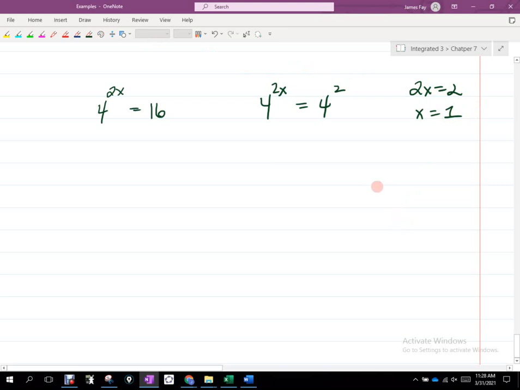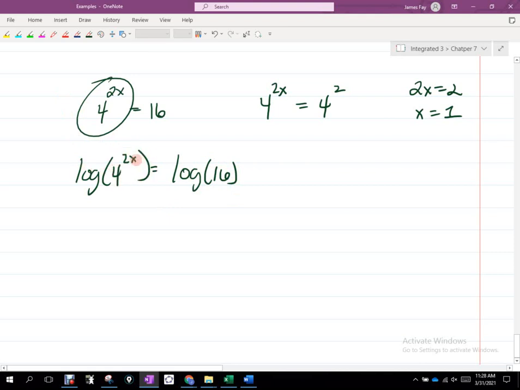Okay. Let's say we forget how to do that. Can I take the log of this side? Log of 4 to the 2x, and take the log of the right-hand side, log of 16. What am I going to do with that 2x? Bring it out front.